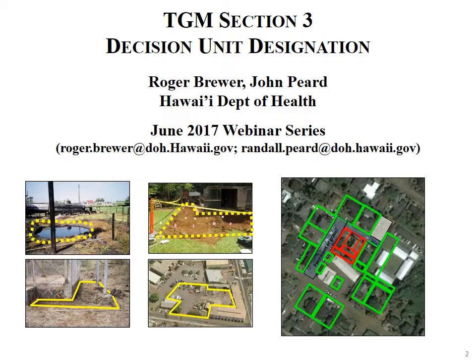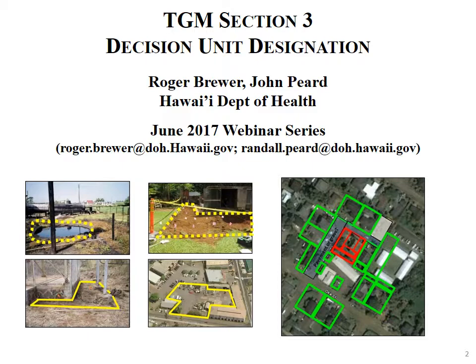So in each decision unit then a sample or samples are collected, and then the data for each decision unit are compared to screening levels or incorporated into a risk assessment. And then some decisions are made on the need for additional actions at the site. So in this presentation today, we're going to go over more details of decision unit designation in the field.